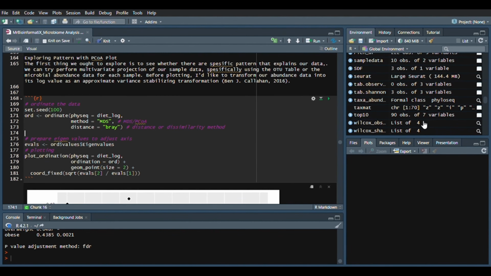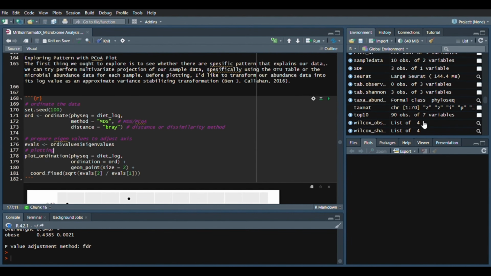And then we prepare eigenvalues to adjust the axis. We write evals equal to ord$values$Eigenvalues. It retrieves the eigenvalues from the ordination to adjust the plot axis.